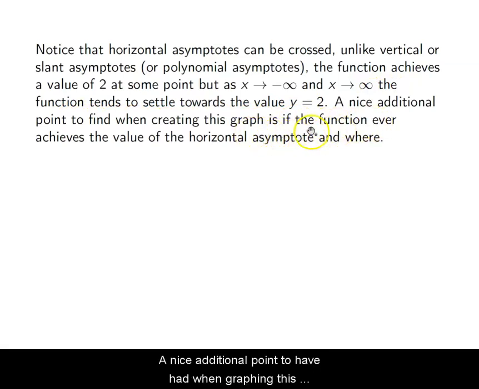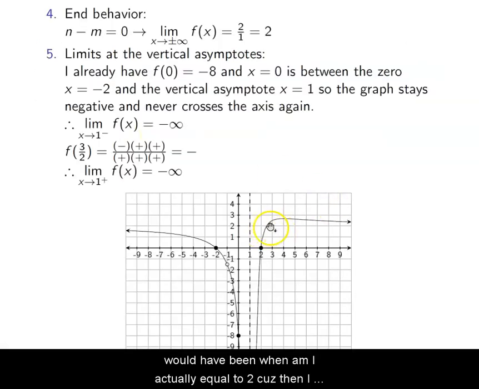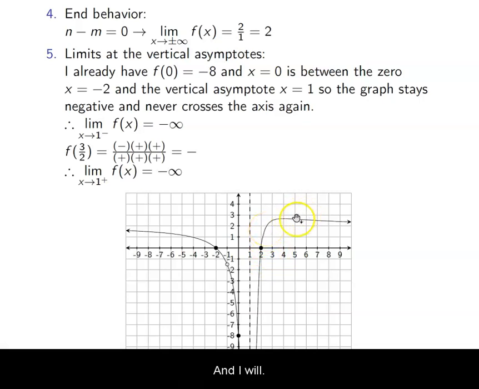A nice additional point to have had when graphing this would have been, when am I actually equal to 2? Because then I know, well, hey, if I was 2 somewhere between 2 and 3, that's the only time I have that value, and I'd have to cross it and then settle towards it as I continue.